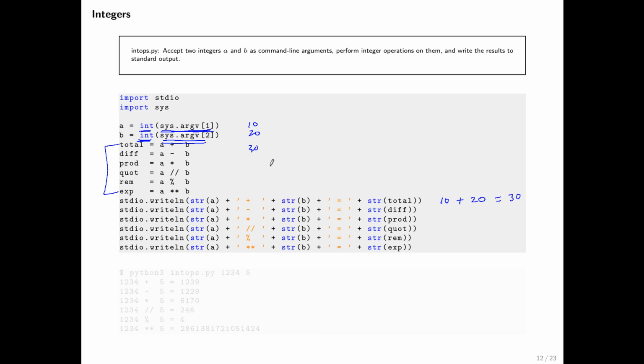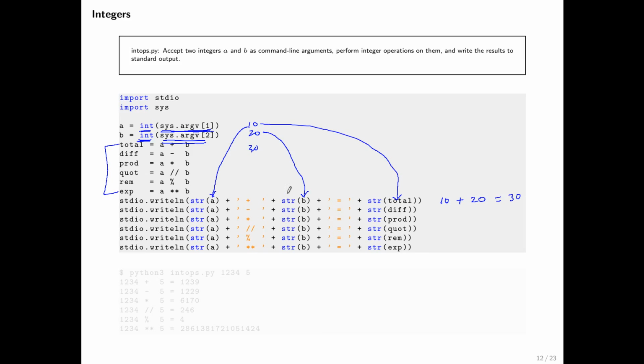So 10 is the value of this one, 20 is the value of this one here, and 30 is the value of this one here. Okay. Now, why are we calling this str built-in function here?